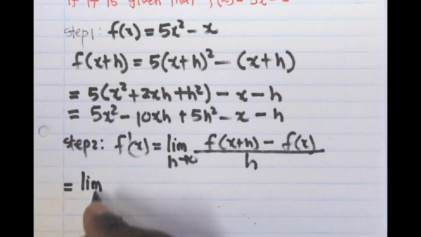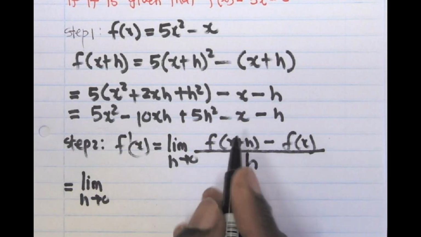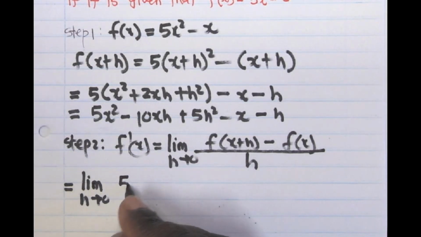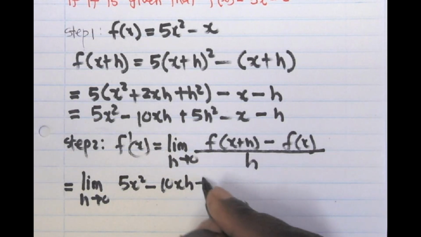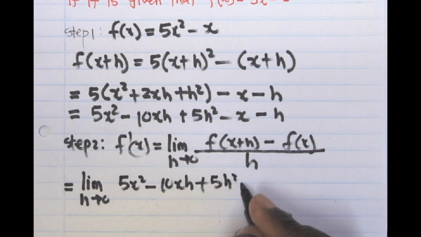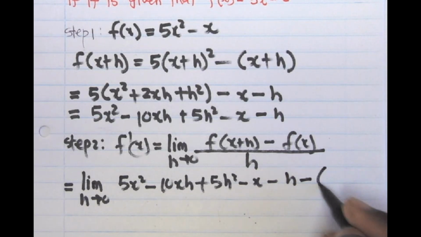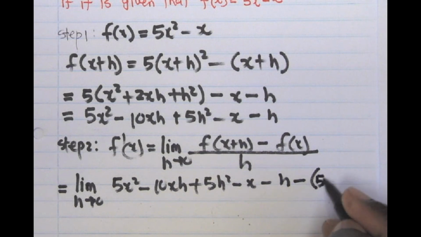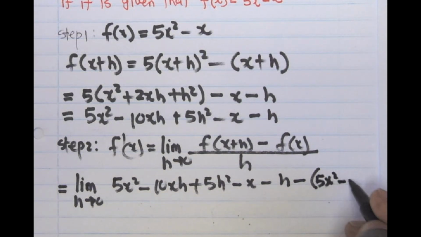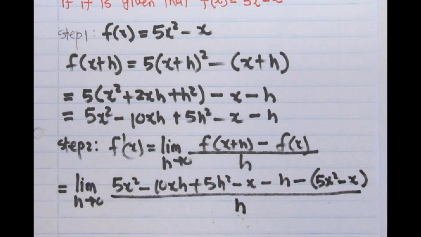This is very important. Limit as h approaches 0. Then I do my substitution. 5x squared minus 10xh plus 5h squared minus x minus h minus the f of x part. And the f of x was 5x squared minus x. Then I close bracket, and everything is over h.